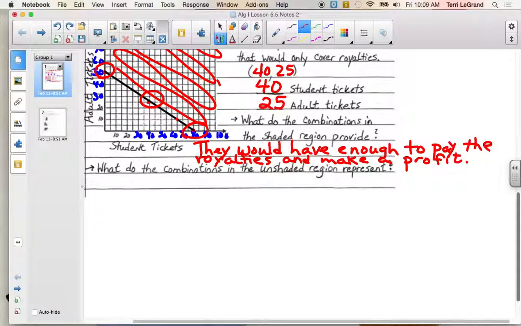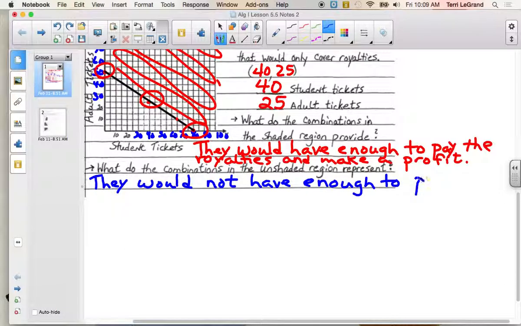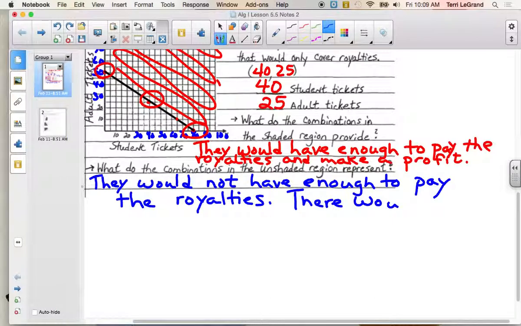So we're going to say, for that one, they would not have enough to pay the royalties. There would be a loss.